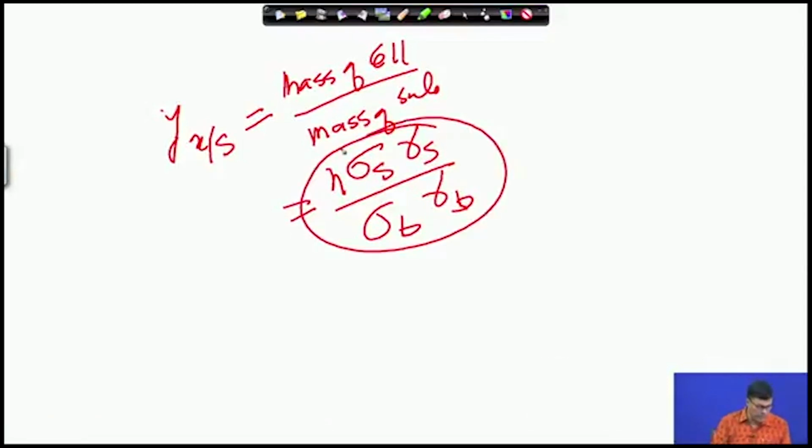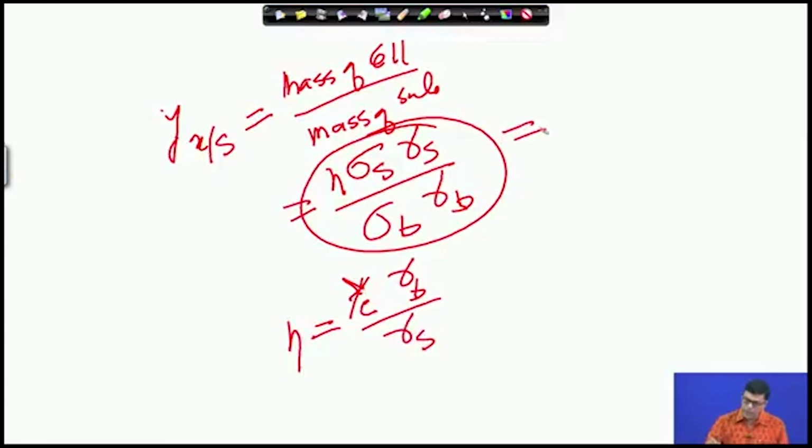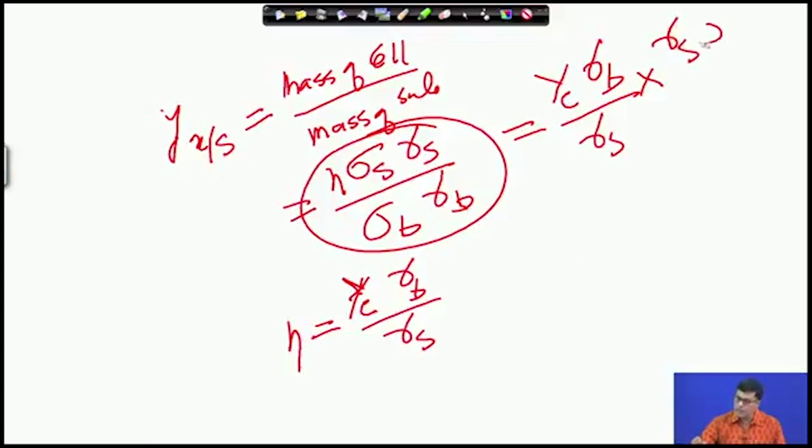We can easily find this out. If you look at eta, we have already seen that eta equals Yc into gamma b by gamma s. Am I right? So here if you put Yc gamma b by gamma s, multiplied by gamma s sigma s over gamma b and sigma b, the gamma b and gamma b will cancel, and this will cancel.